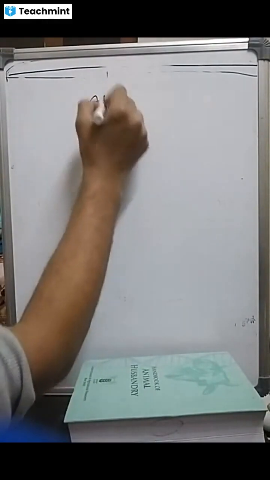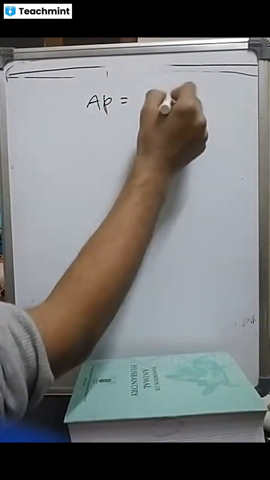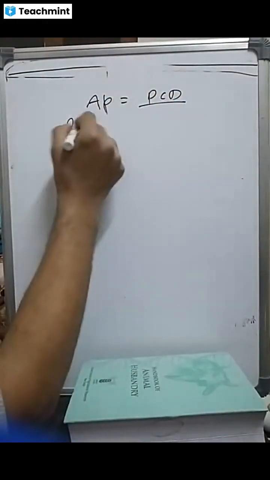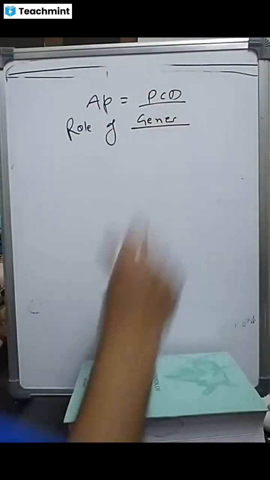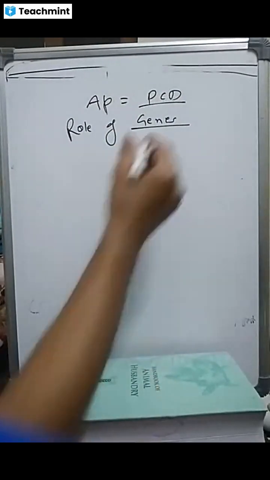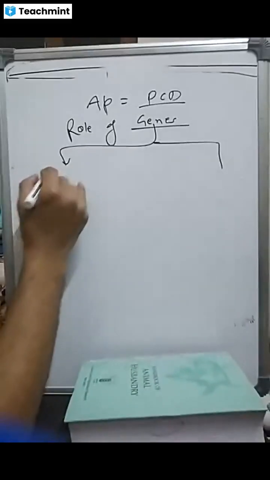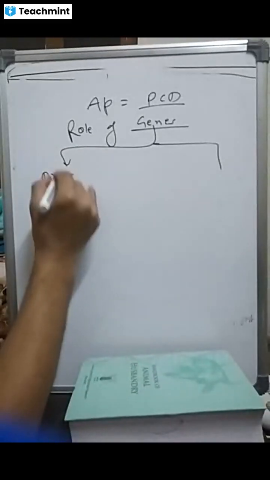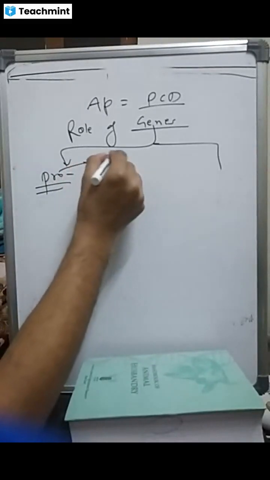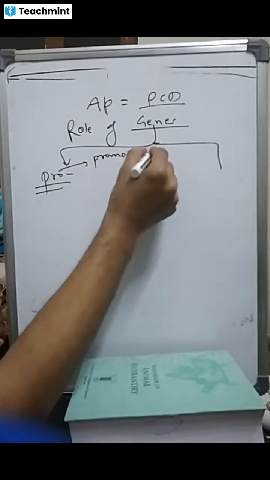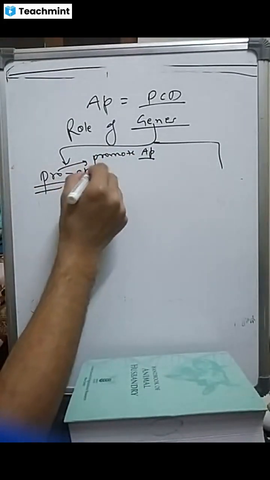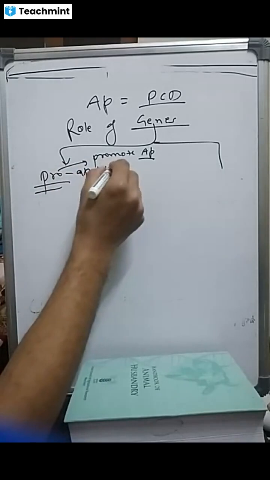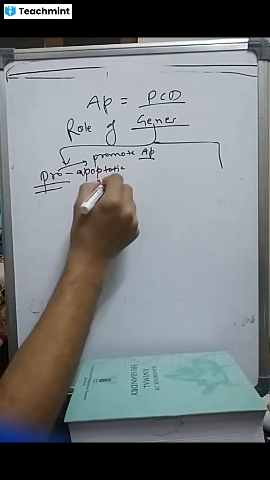Because apoptosis is programmed cell death, there is a role of genes. These genes are of two types. One promotes apoptosis, so we call them pro-apoptotic genes.